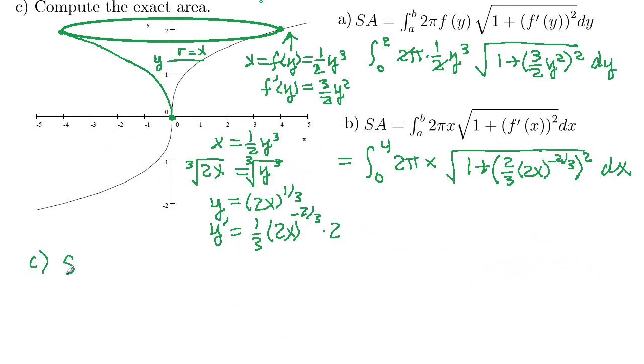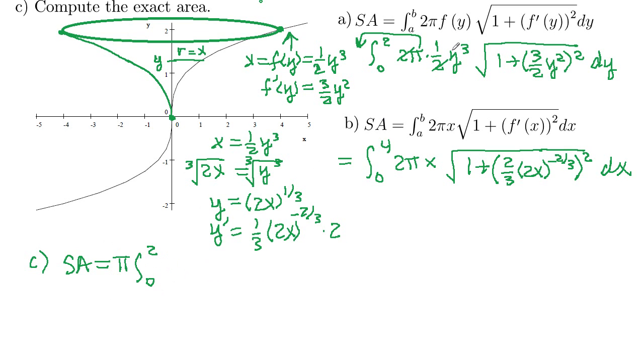So C, our surface area then, is going to be integral 0 to 2. I'm just bringing this integral down. Let's go ahead and factor that constant pi out in front. So pi times the integral from 0 to 2.